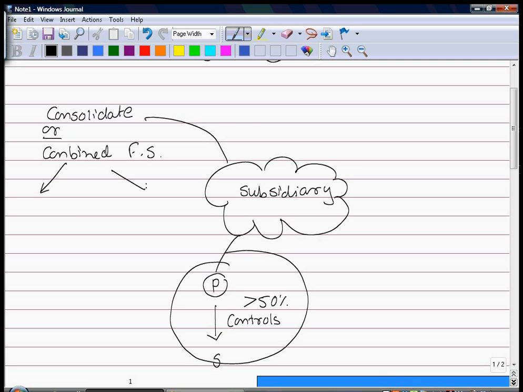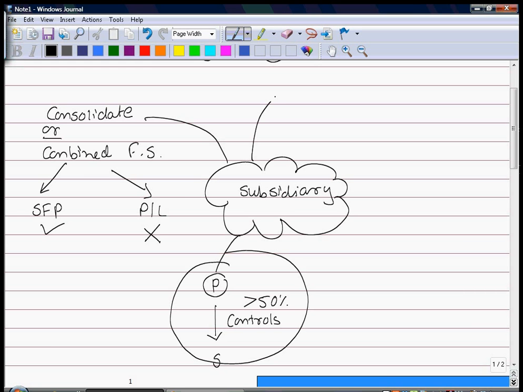This will include mainly, there are going to be more, but mainly statement of financial position and profit or loss account. So these two companies together will prepare a single set of financial statements. We do not have to worry about profit or loss account because you will study it in the next level. We will talk about the consolidated statement of financial position.